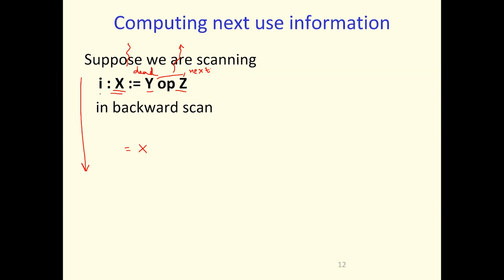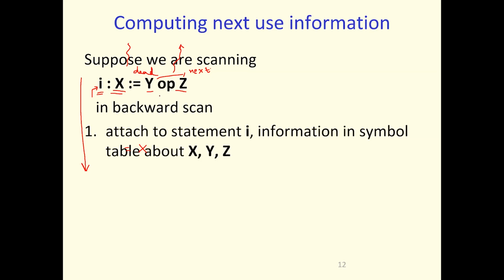So in some sense, you have to also associate some information with the statement. You can have a separate data structure, or you can make it part of the symbol table. That is an implementation issue. But what we need is some information stored along with the statement, and some information we will store in the symbol table, because we are going through different statements and want to carry over some information.